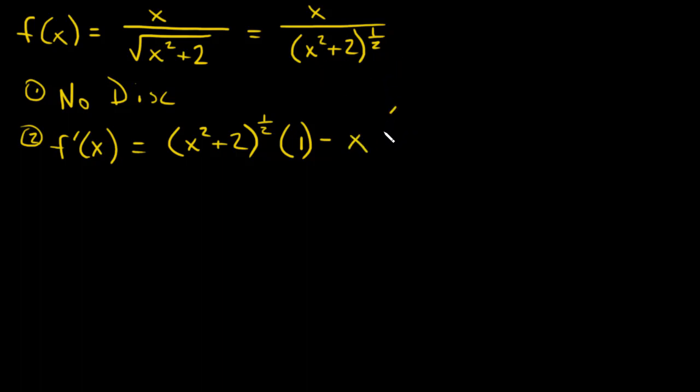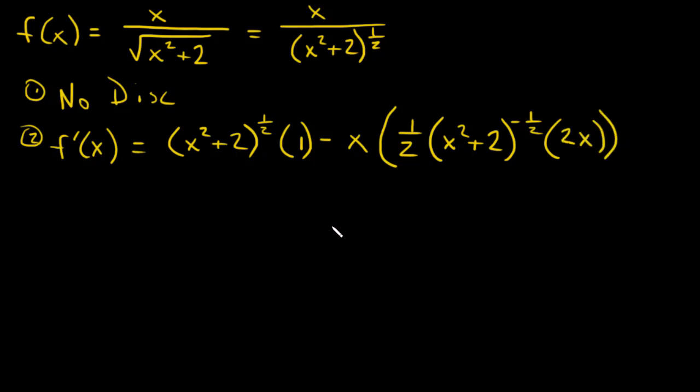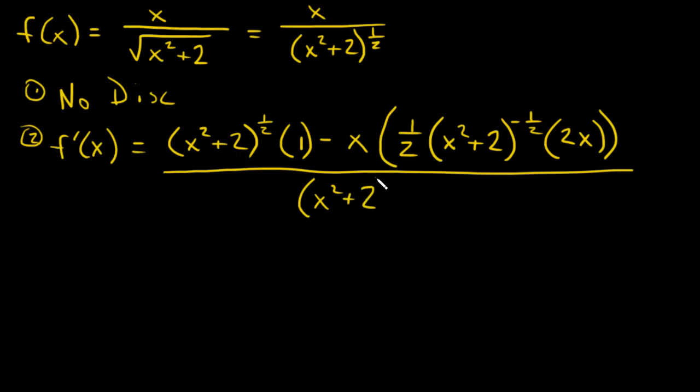Okay, so this is going to be 1/2 (x squared plus 2) to the negative 1/2 times the derivative of the interior, because that's the chain rule, 2x. So it's going to look like that. Then all of this is over the bottom squared. So if you'll allow me, I'm going to write it as 2/2. That will let me do something that I want to do.